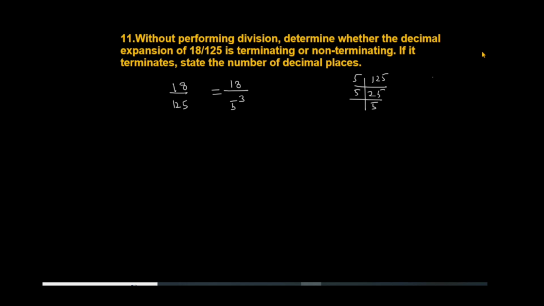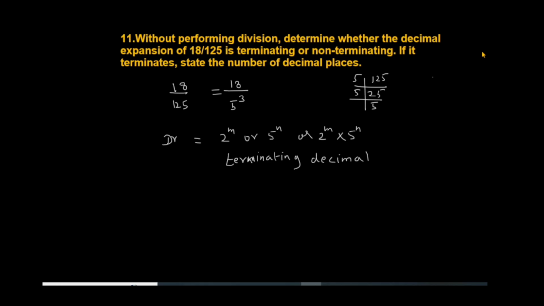There is no common factor in the numerator and denominator. Already that is in the lowest form. So 18 by 5 cube. So the denominator is in the form of 2 power m or 5 power m, or 2 power m into 5 power m, which means we will be having a terminating decimal.